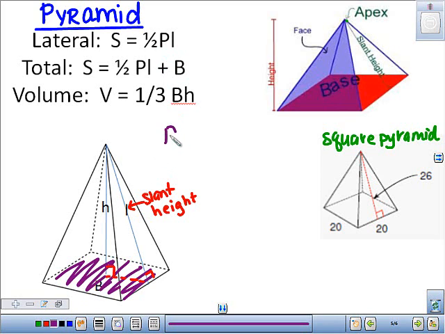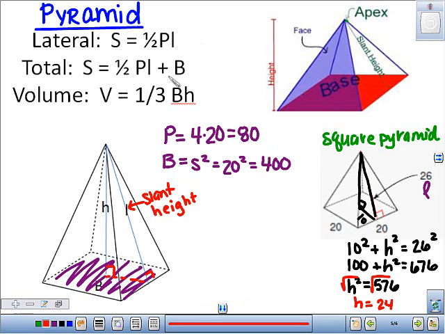So capital P is perimeter. A square has 4 congruent sides. So it's 20 plus 20 plus 20 plus 20. Or since it's a square, I can just say 4 times 20. So that is 80. And area of a square is side squared or base times height of the square. So that is 20 squared.